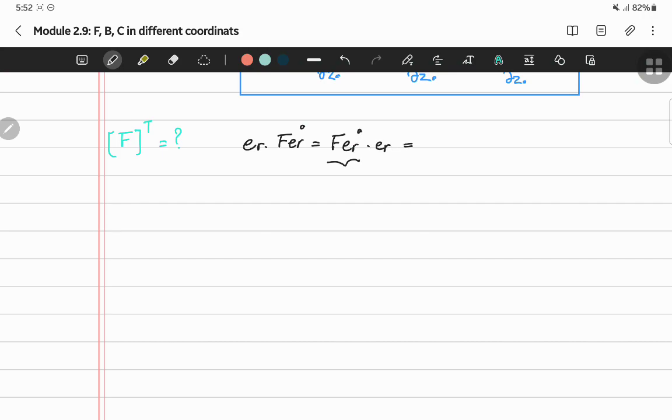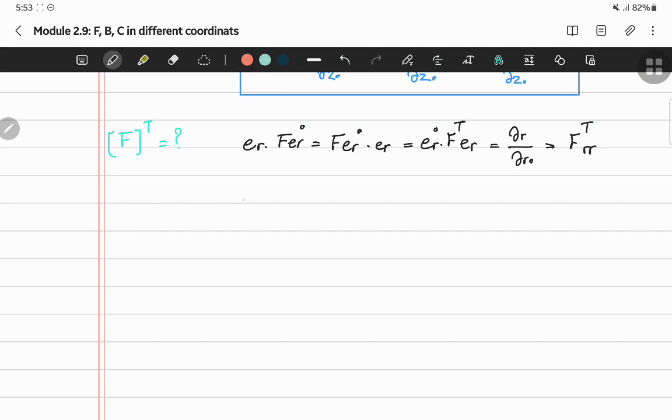So I can transpose this. I can write this as e_R0 dot F transpose e_R. So this was equal to the partial derivative of R with respect to R0. This is equal to F transpose_RR.